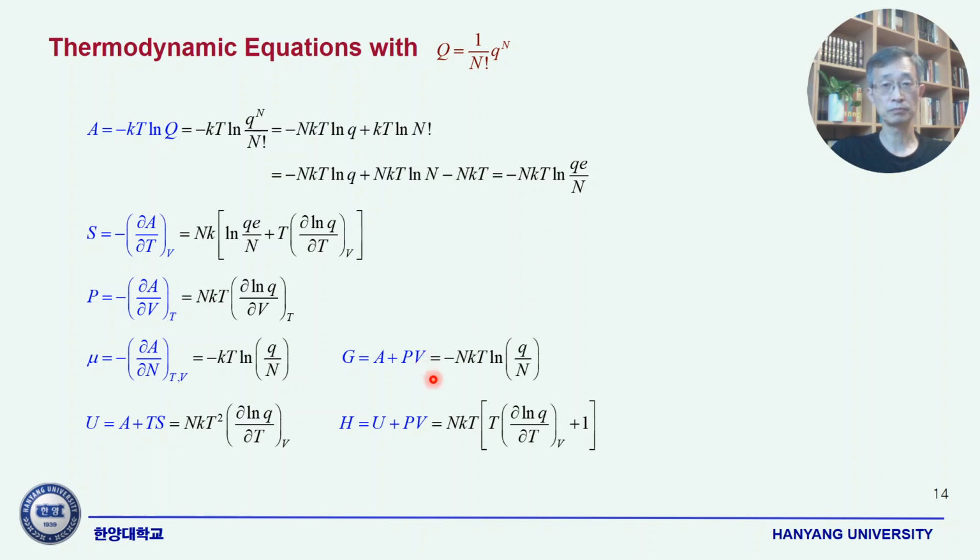The internal energy U equals A plus TS, so you just multiply S by T and add it to A. What you get is N kT squared times the derivative of ln q with respect to T. Okay, so this is U, and H you can obtain from U by adding PV, just the same as here: you just add capital N kT to the U term, so you get this.